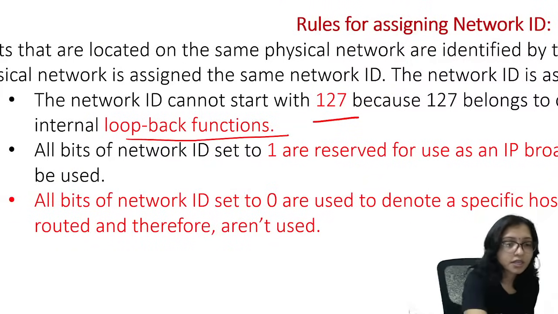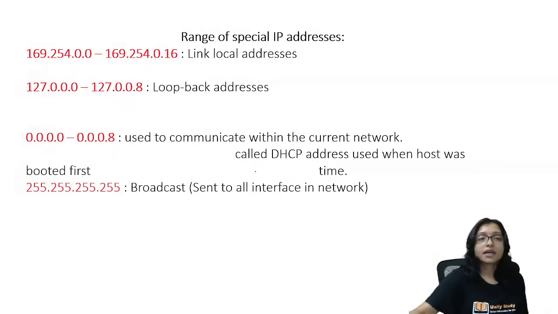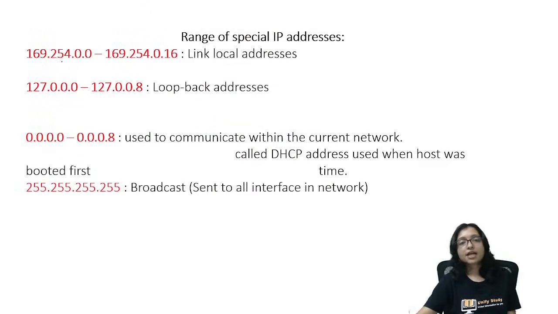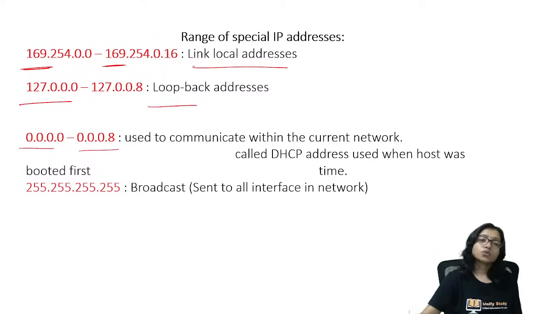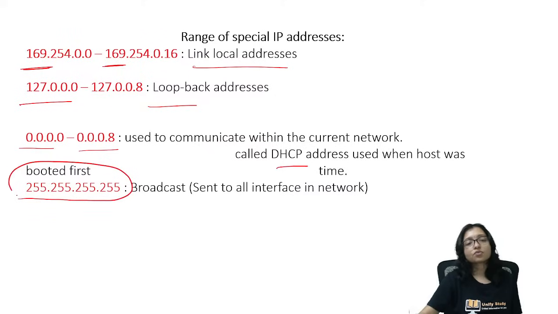Now here are some special things, that is the local addresses. 169.254 is the local address, 127 is the loopback address, 0.0.0.0 is the DHCP address, and 255 is the broadcast address.